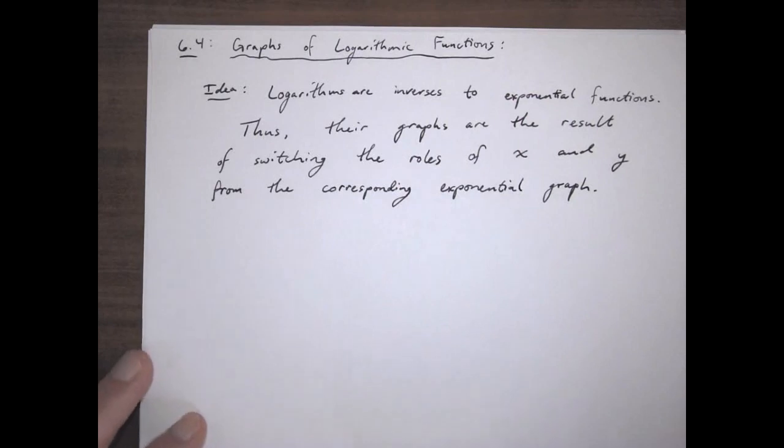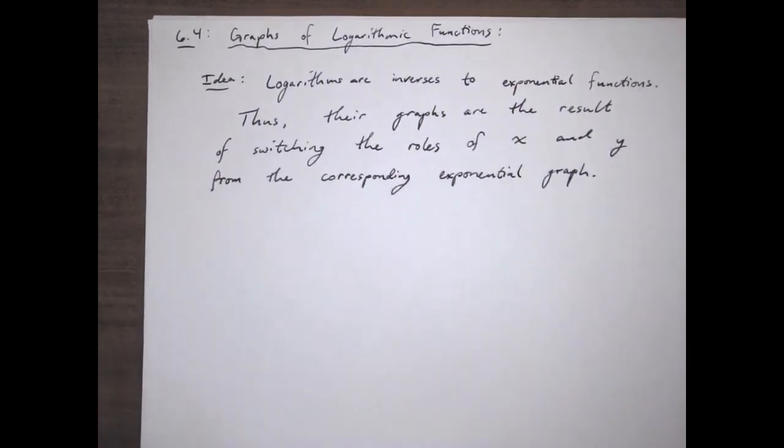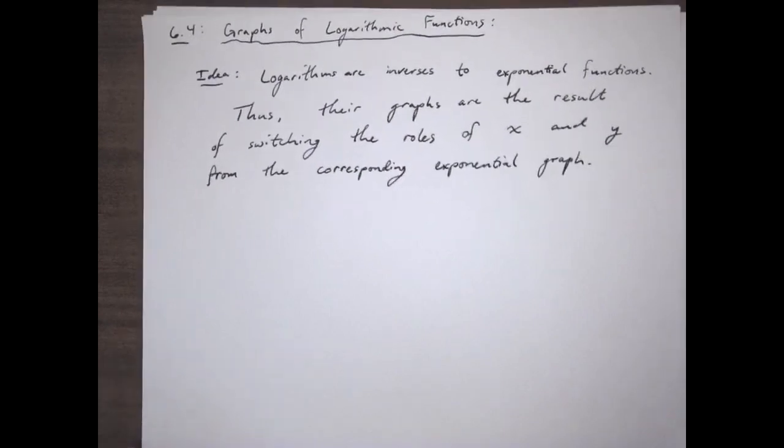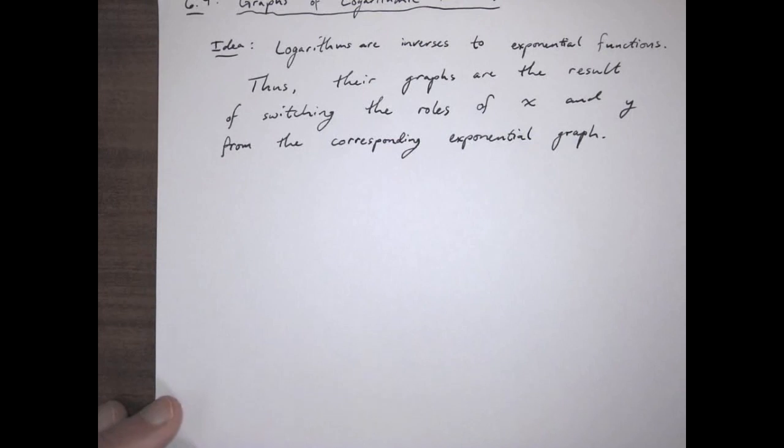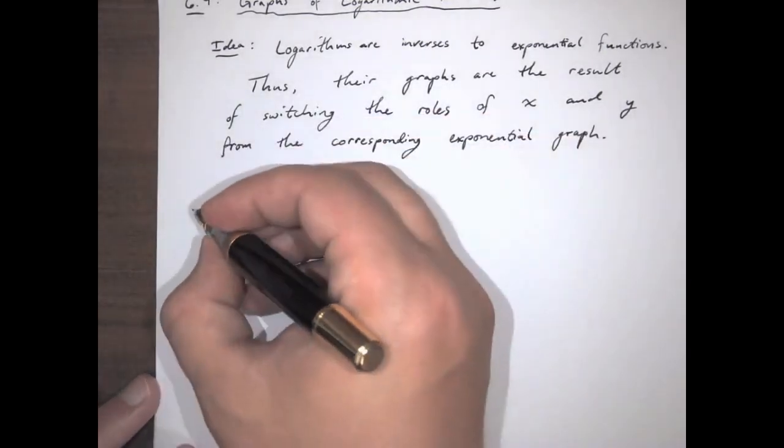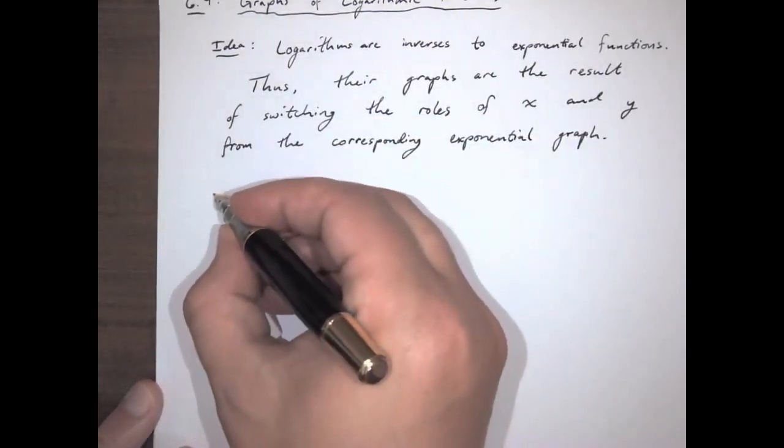Alright, well, last section we nailed down exactly what the properties of exponential functions were and their graphs. So what we can do now is try to take that information and turn it around to make information about logarithms.